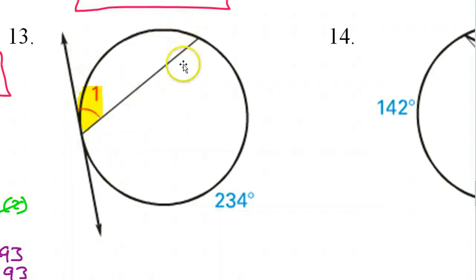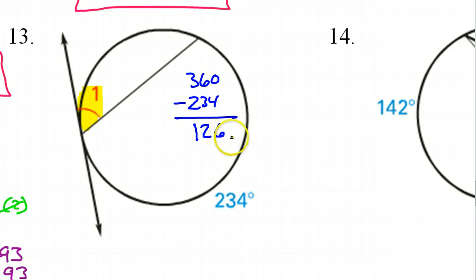I don't have this arc, but I have this major arc given. Together they make up the entire circle, so I can just subtract from 360. So I can just do 360 minus 234. That is 126.